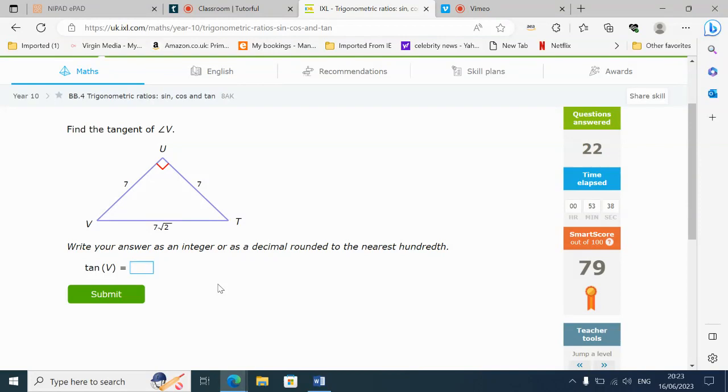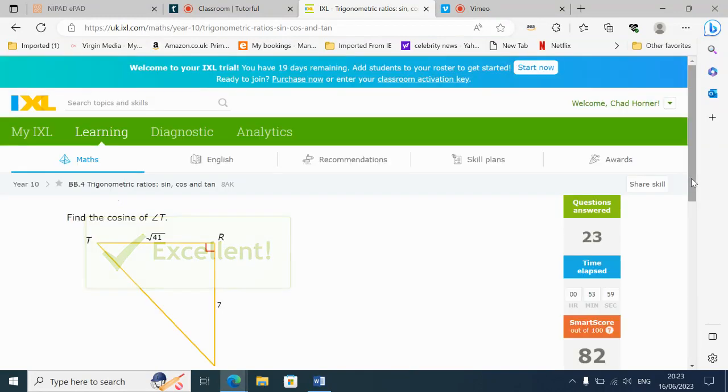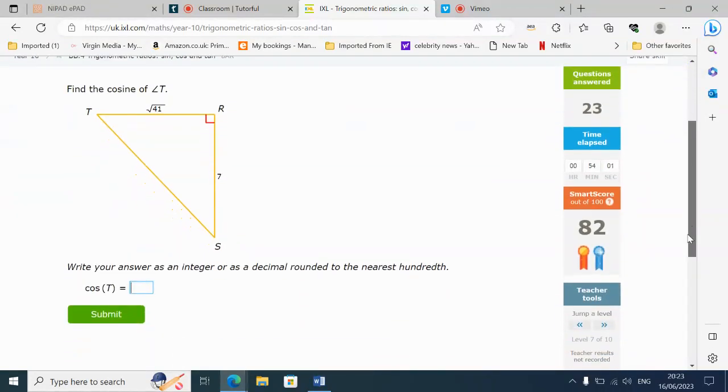So opposite over adjacent, and opposite is T to U, which is 7, and then adjacent is V to U, which is also 7. So 7 divided by 7 is 1. Okay, so the answer is 1. Well done.